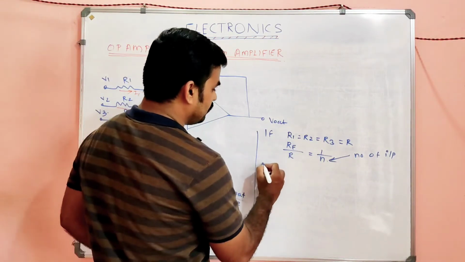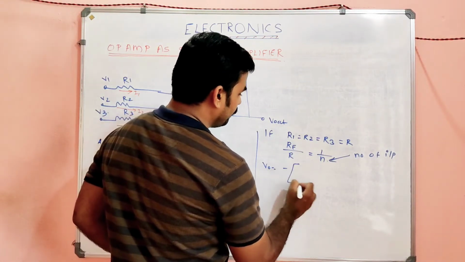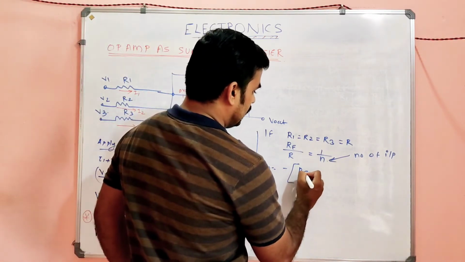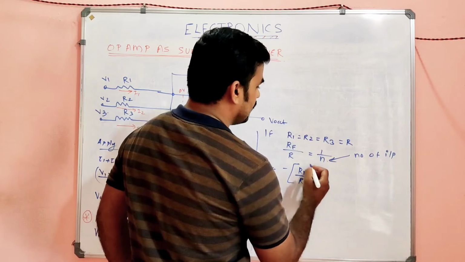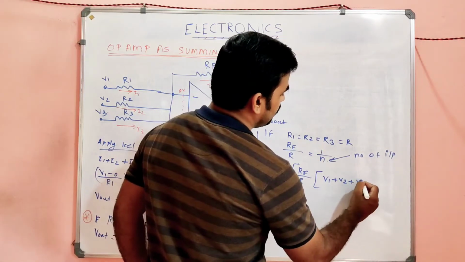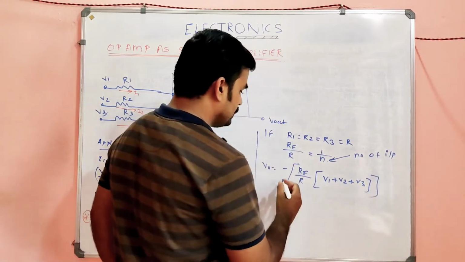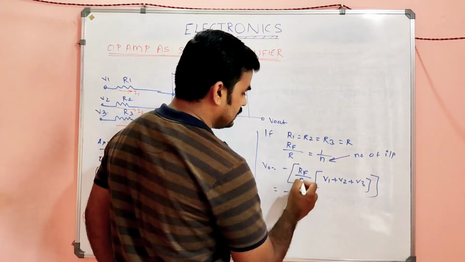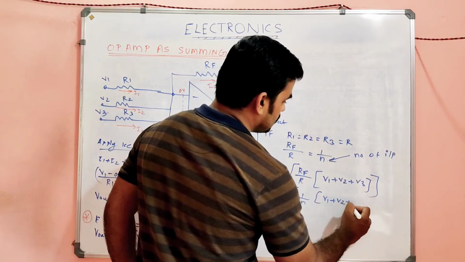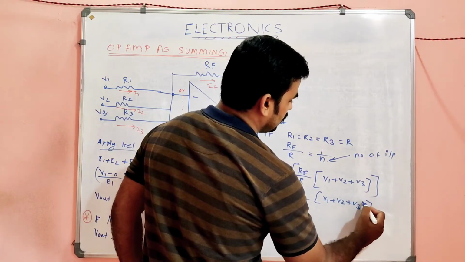Then my Vout will be nothing but minus of, normally what was the equation? RF by R into V1 plus V2 plus V3, which is nothing but minus of 1 by N into V1 plus V2 plus V3.